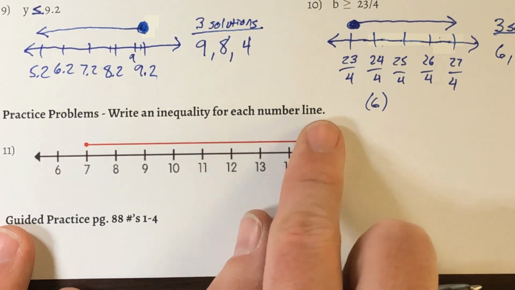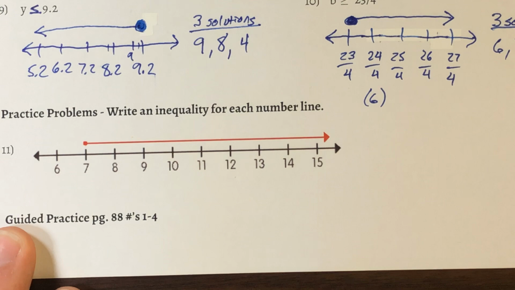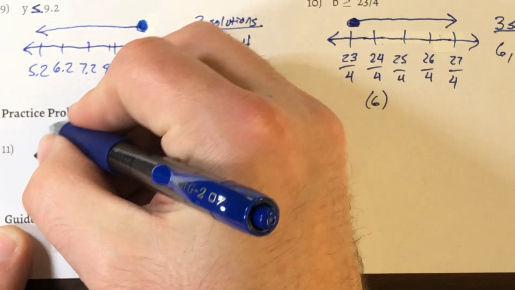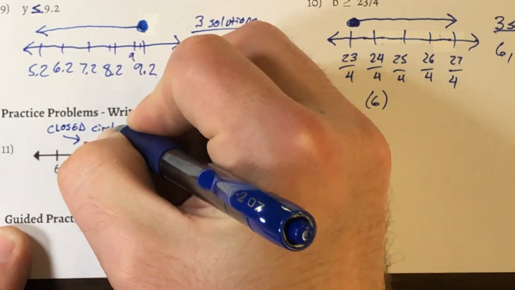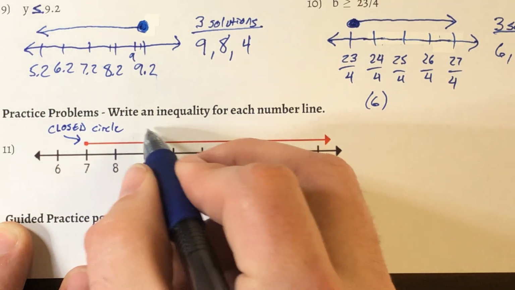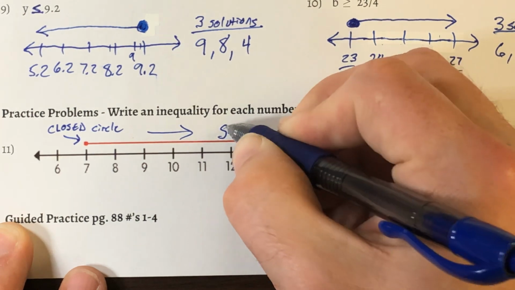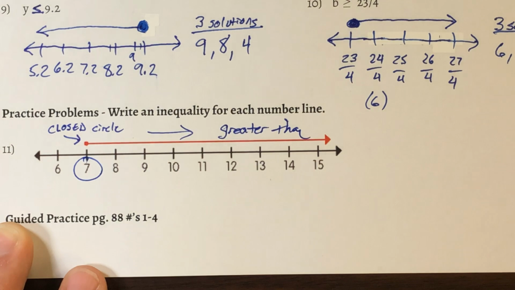Write an inequality for each number line. So again, we have the number line. Now we're going to write the inequality to match. So let's note we have a closed circle, and again, like the previous example, it is pointing to all the numbers that are greater than 7.